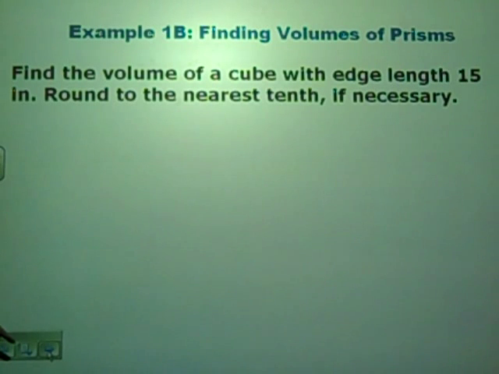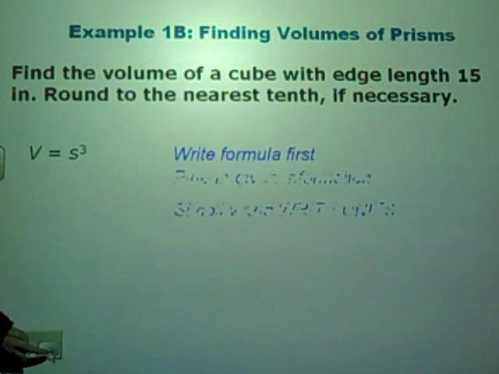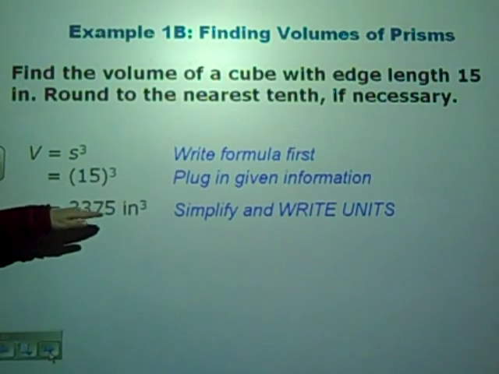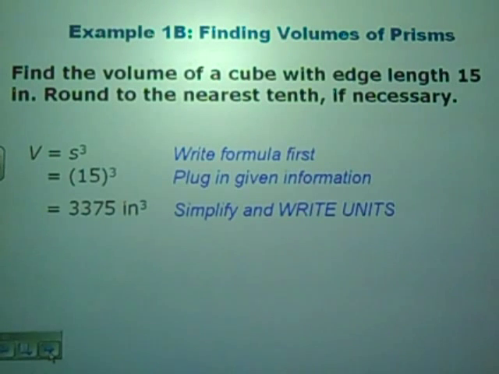Notice volume of a cube, side cubed. Think about that. Easier formula to memorize. So volume equals the side cubed. Now I plug in what I know, and I just simplify it. 15 cubed, 3,375 cubic inches. Remember to write your units.